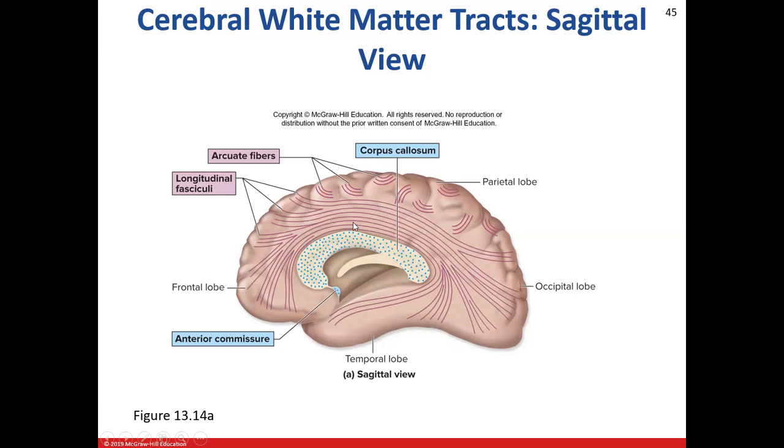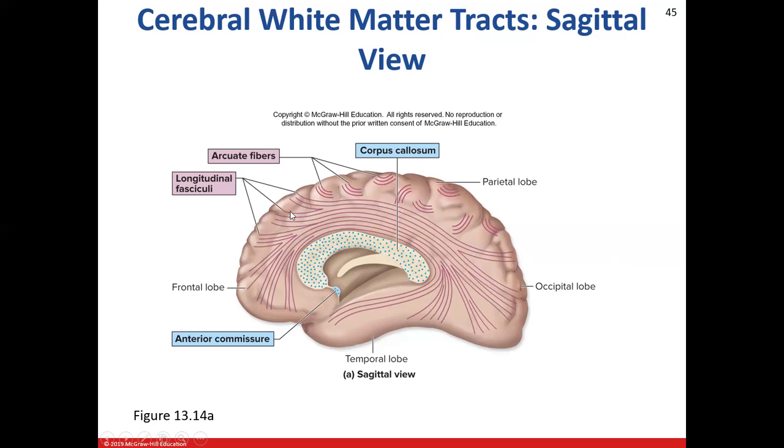As we look at the purple components here, these are what we will call association fibers. These are all the fibers that are still connecting the brain hemispheres, but they're doing it all on the same side. So you'll notice here we have the parietal lobe, here we have the frontal lobe and the occipital lobe.